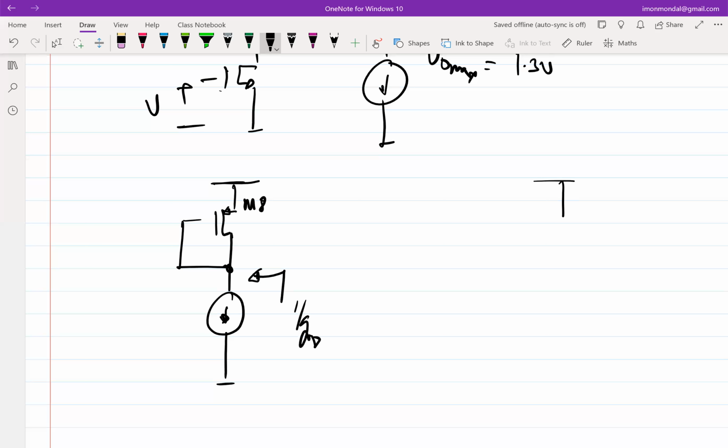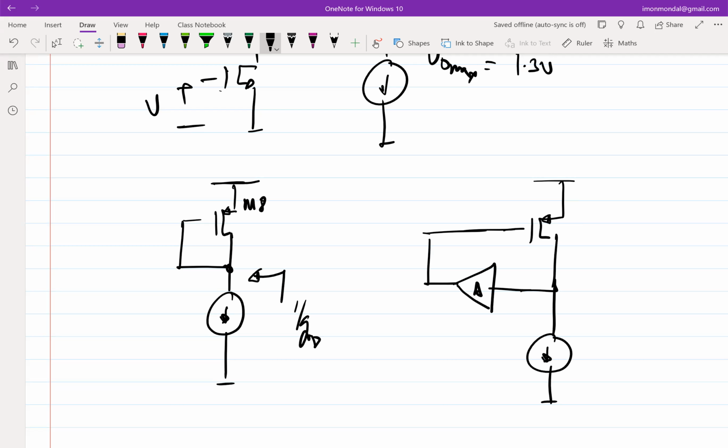So let's say I put a gain stage of A, this plus minus gain stage of A. So what is the output impedance now?